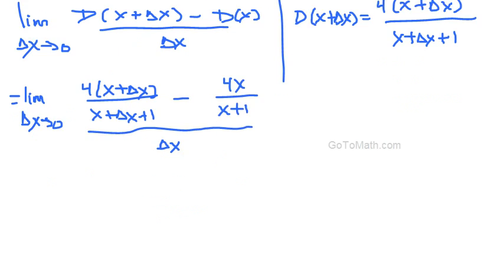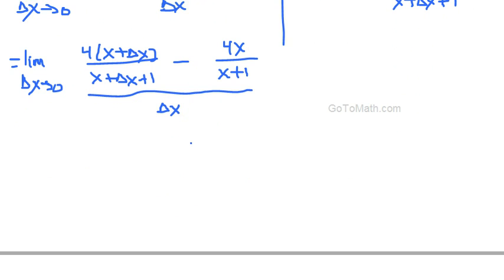And so what we'll need to do now is go ahead and get this thing all into one single fraction. So we got a bunch of work to do here.